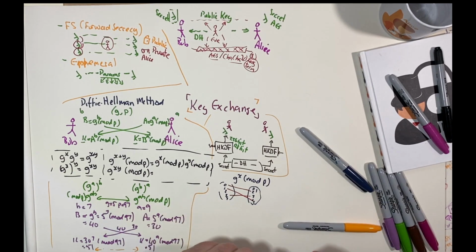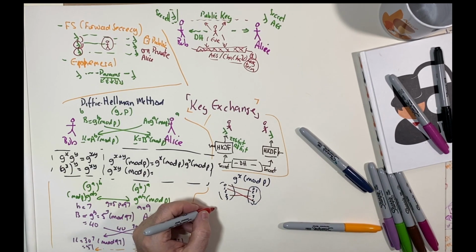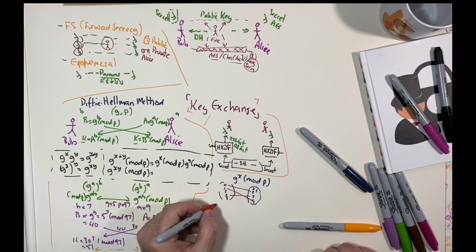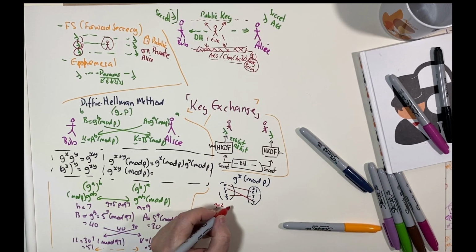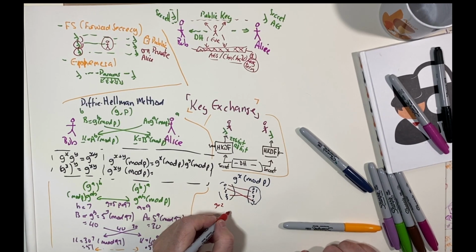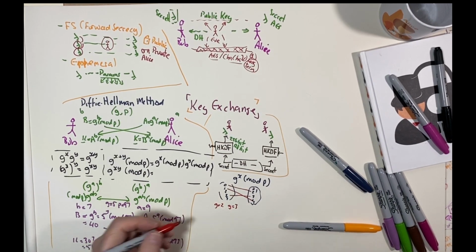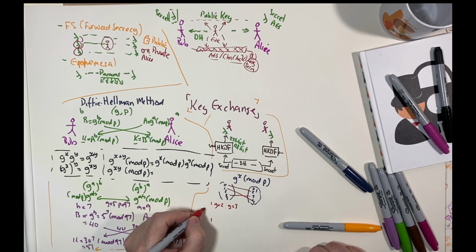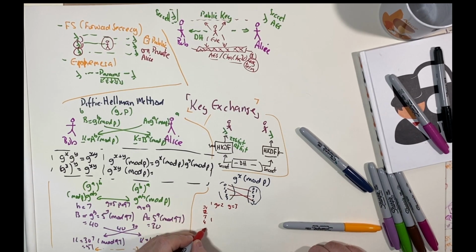So we need to pick g in order for this to actually work. If we pick a generator value of 2, and we'll try a value of 3, and we try different values of x, say 2, 3, 4, 5, 6, 7, 8, 9, 10, and we'll use a prime number of 11.